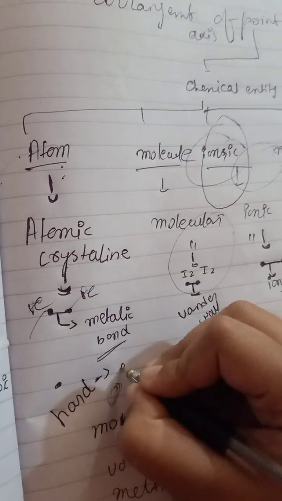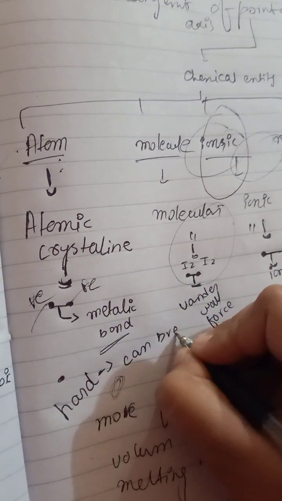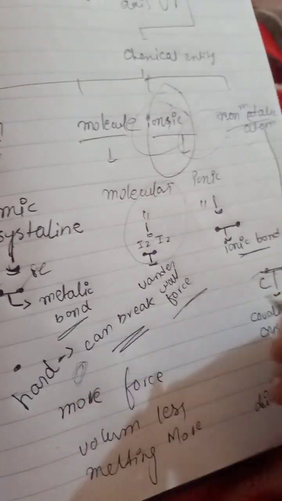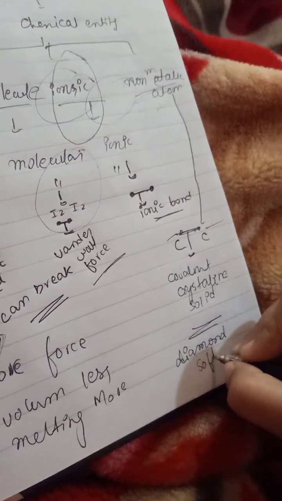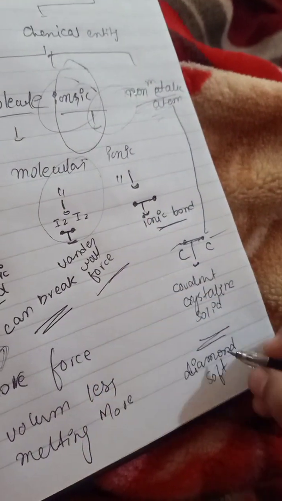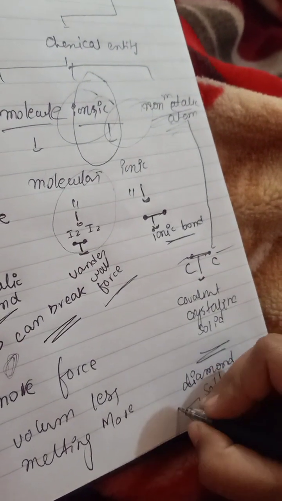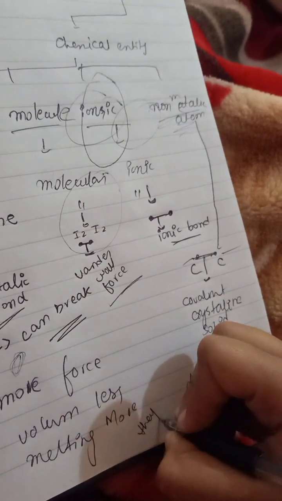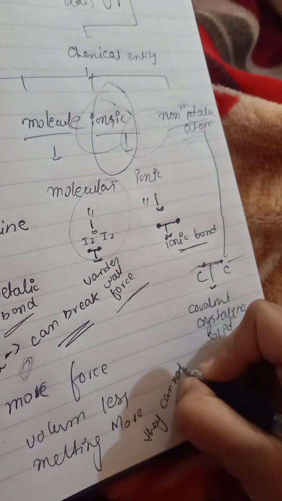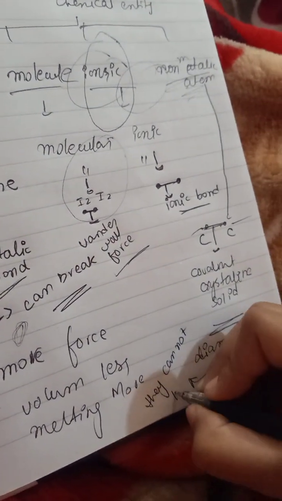They will be a hard solid, which means that it can break, and they will be soft solid as compared to the non-atom, soft solid, which means they cannot break, and they will have a lower melting point.